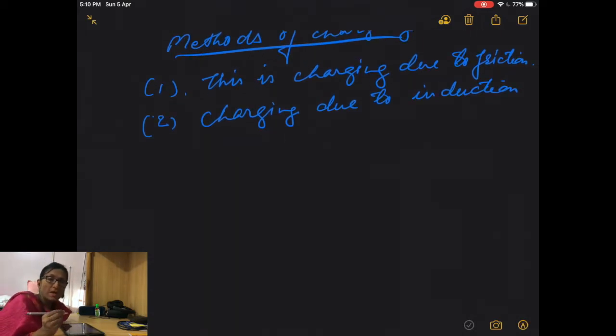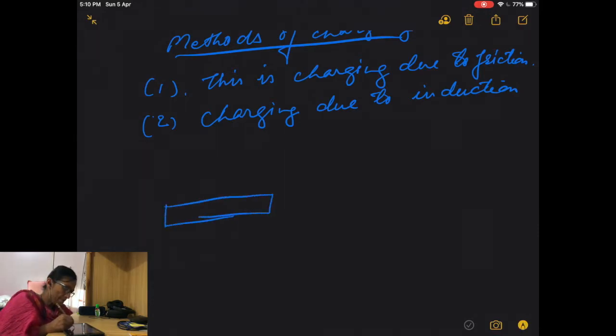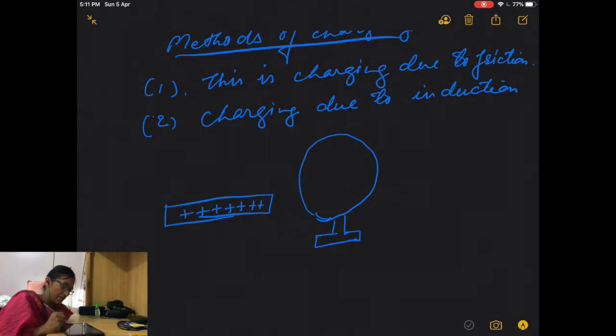So what happens when you bring a charged body near an uncharged body? Suppose we have one positively charged body and we bring it near an uncharged body kept over an insulated stand.